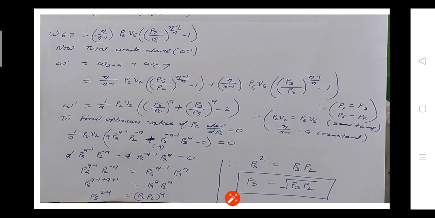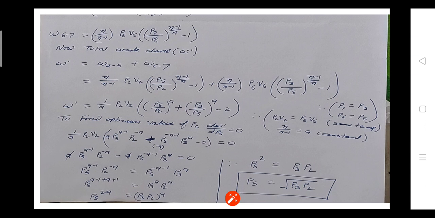Okay, how can we take it near about? Suppose P5 equal to square root of P3 P2. If you take an actual problem, the square root value of P3 P2 is suppose 3.7 bar, you can take approximately 4 bar, or if you get a value of 3.23, you can take it as 3 bar for simplification.